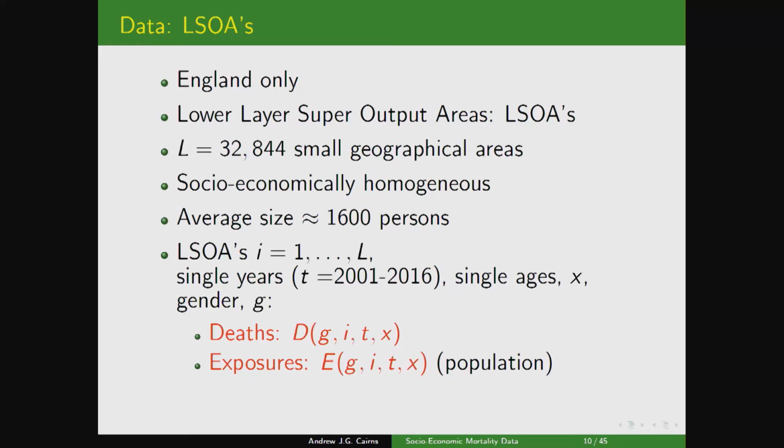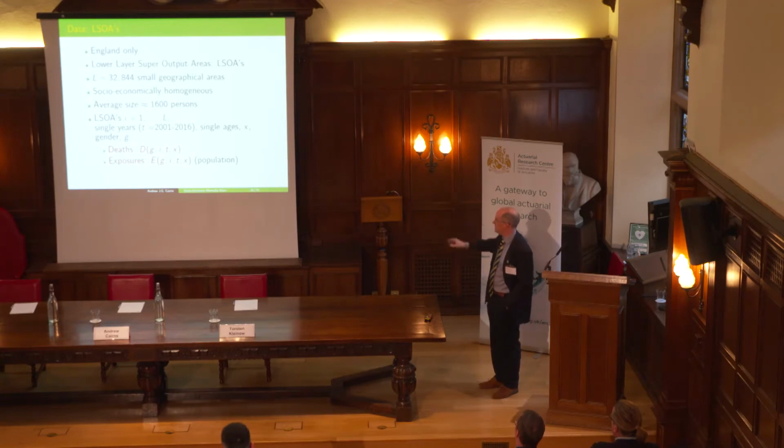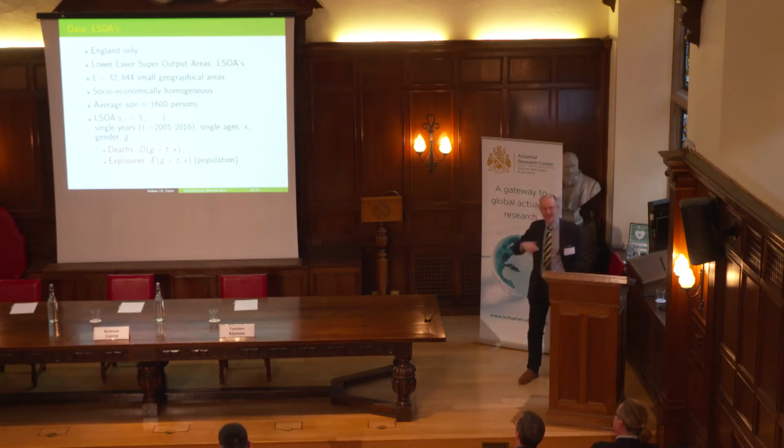We have data for single years and single ages, and also by gender. So the indices for the deaths and exposures start to get slightly messy: gender, the LSOA, time and age. So that's the data set.